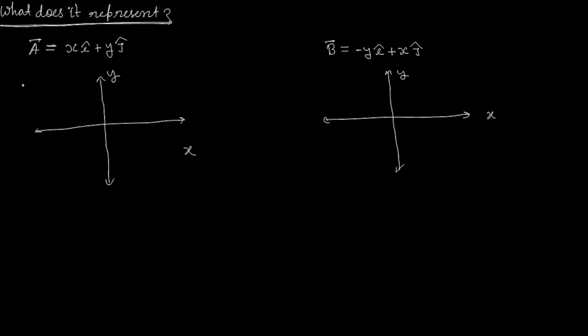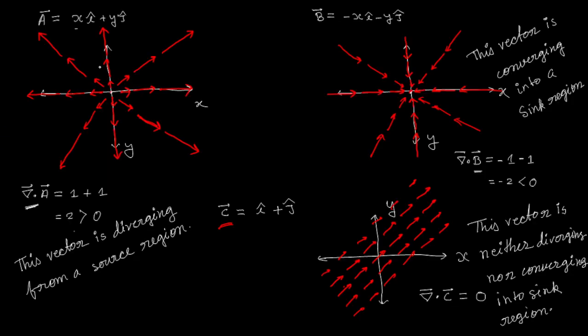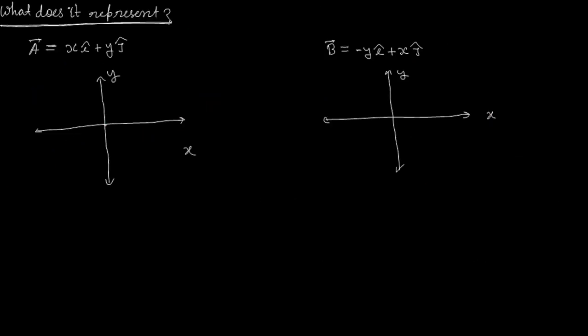For the first one, we have already drawn this vector: a equals x i cap, y j cap. So it will look the same, this vector field. We can draw it like this. At the origin it will be 0. Then on the x-axis it will look like this. On the y-axis it will look like this.